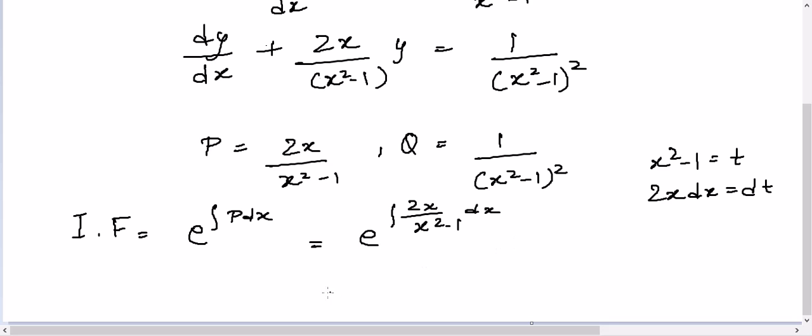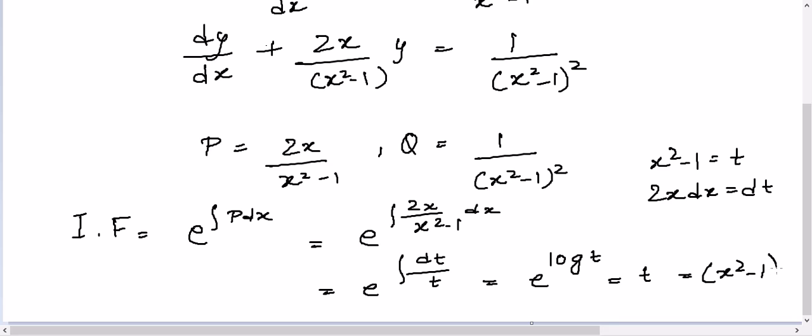So we'll get integral of 1 by t dt, right? That gives us e to the power log t, that is t, and t is, guys, x square minus 1. So our integrating factor is x square minus 1.